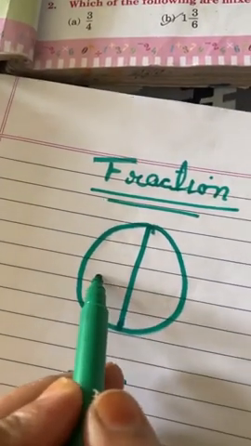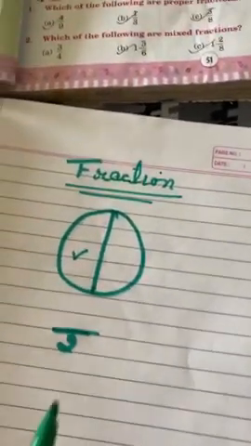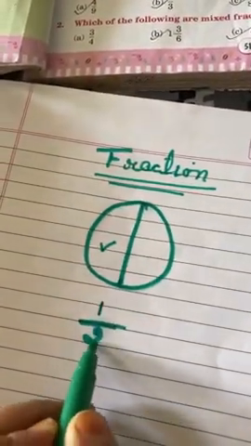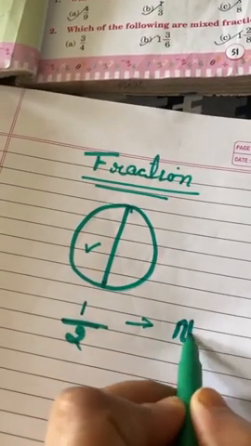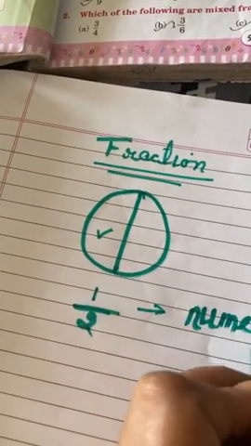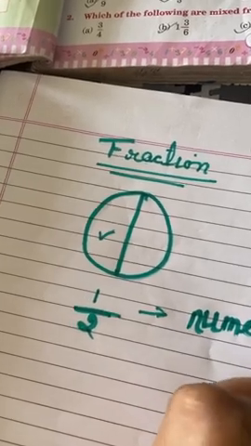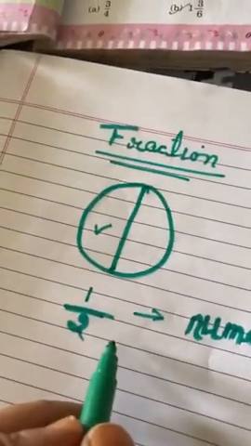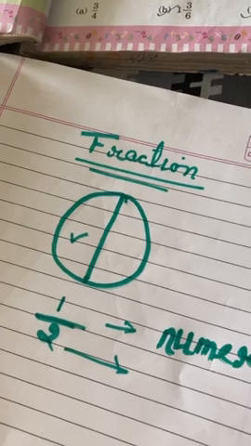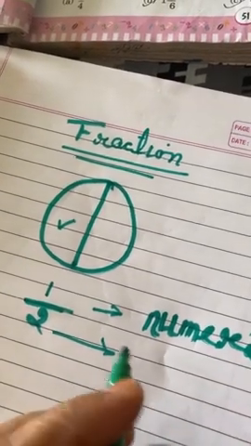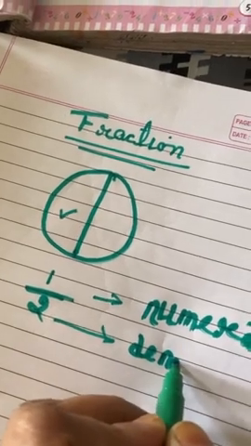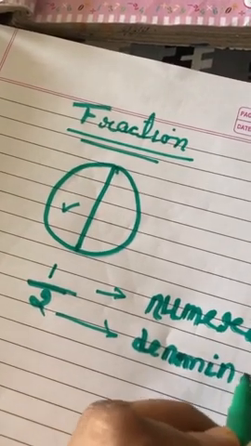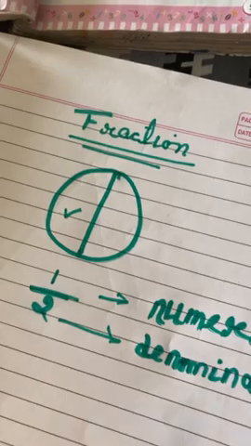If we will take one part, then how we will write it? 1 by 2. So this 1 is known as numerator and this is known as denominator. Clear?